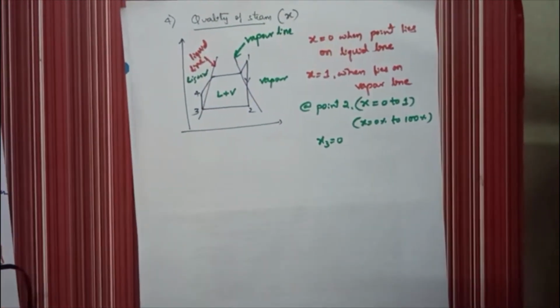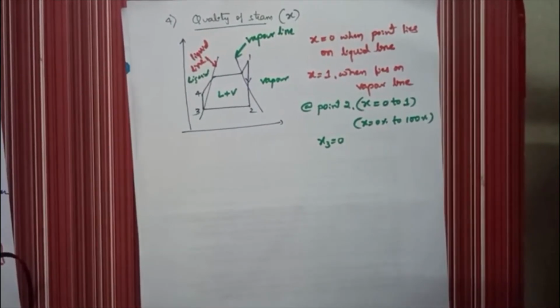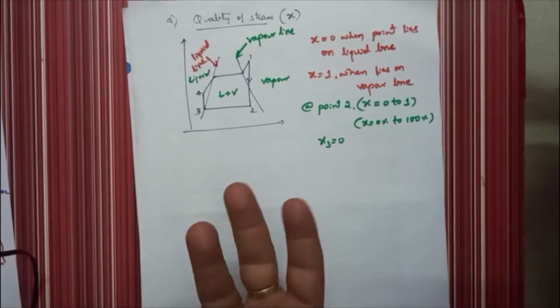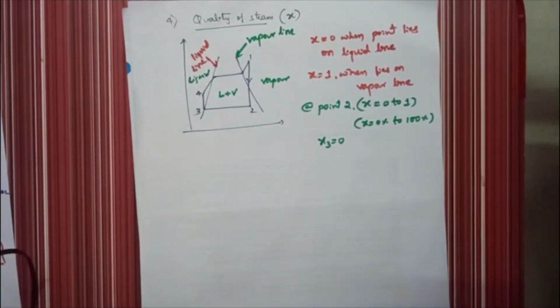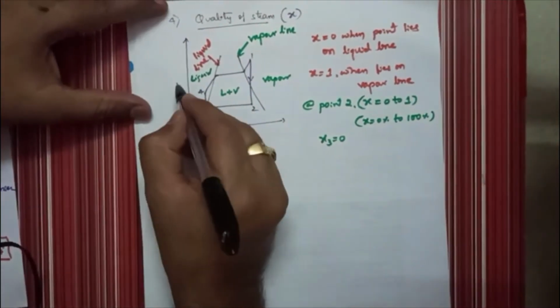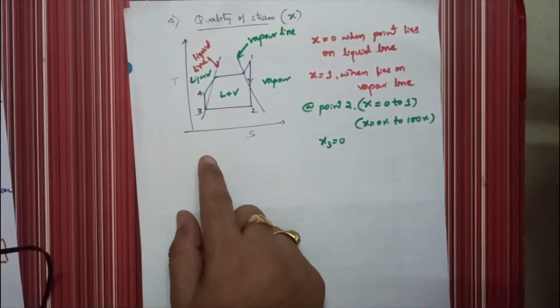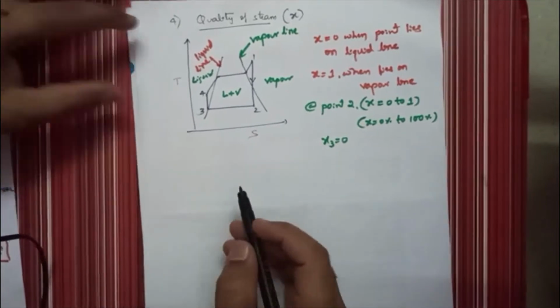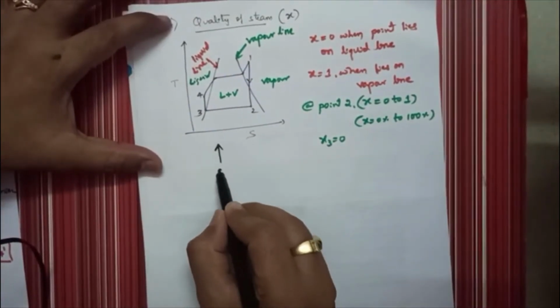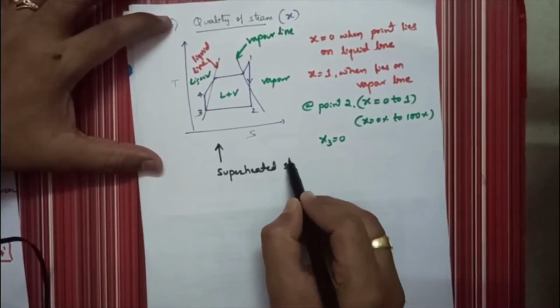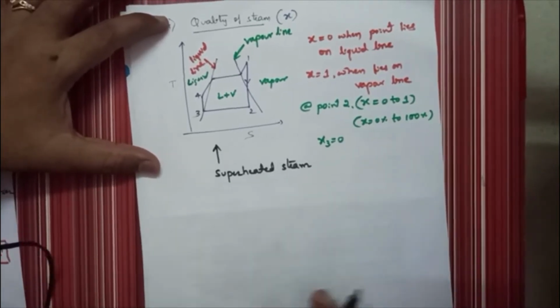Okay. So this is what is called quality of steam, that is X. Next point: in quality of steam, two types of numericals will be asked. The TS diagram you have taken here is the superheated condition. This is superheated steam. What is superheated steam?